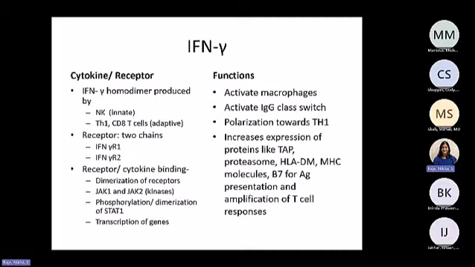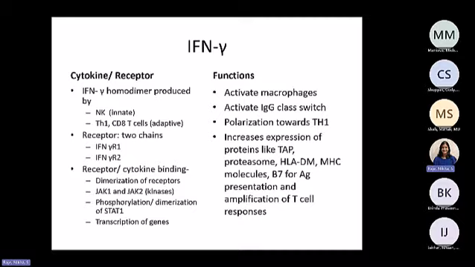So those two chains have to come together where the interferon gamma can attach to, and once it attaches to that receptor, like every other receptor we talked about, there is signaling downstream, and so there is dimerization of these receptors that occurs, and that activates these kinases JAK1 and JAK2 that helps in phosphorylation and dimerization of STAT1.